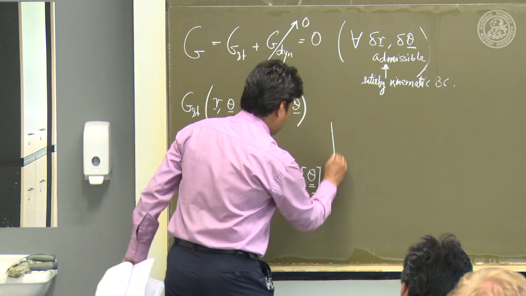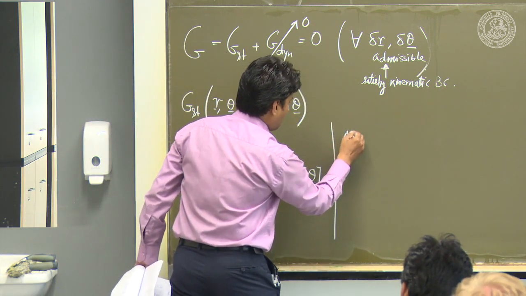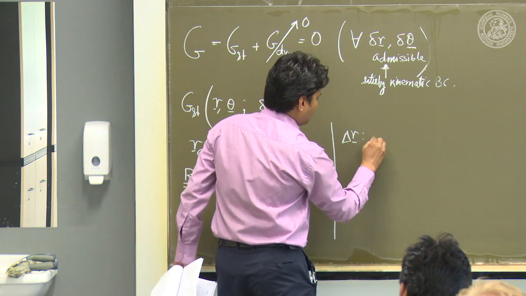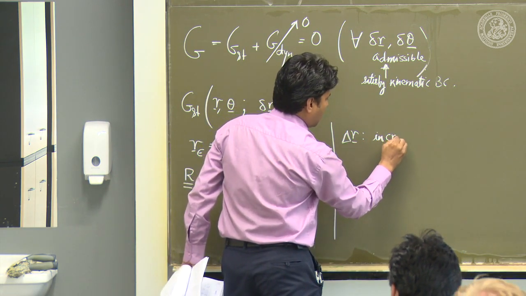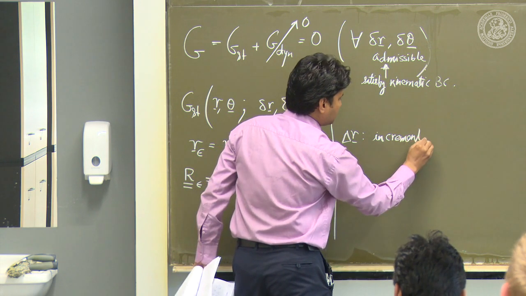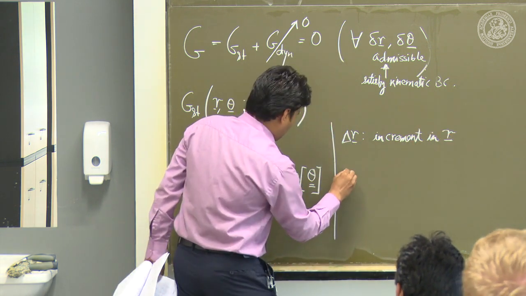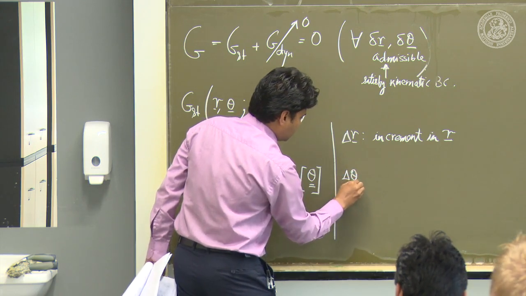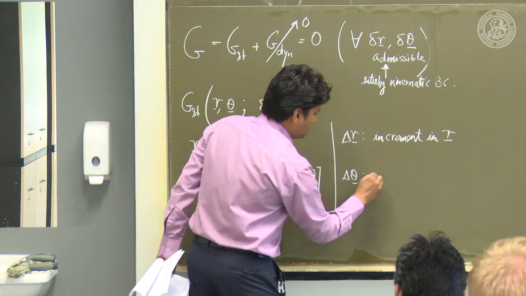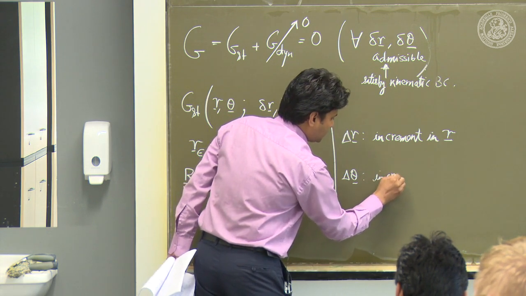So, that means your delta r, that is the increment in little r, and delta theta, that is the increment in theta.